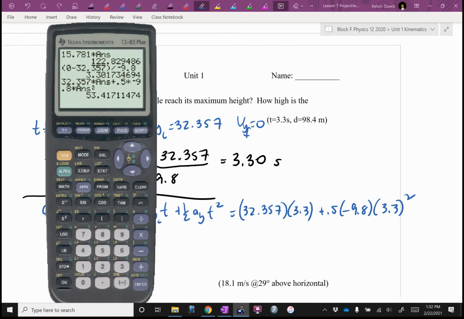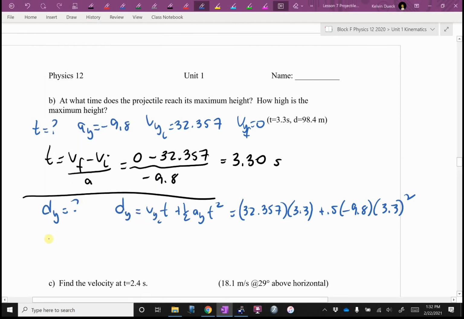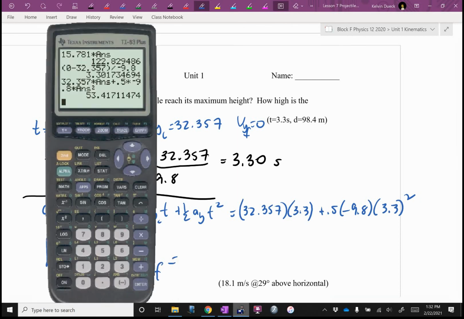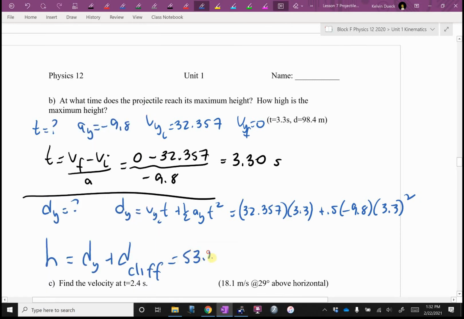No, no. Okay. So let's call it this way. Height is going to be dy plus d cliff. So it's going to be 53.4 plus, what was the height of the cliff? 45.